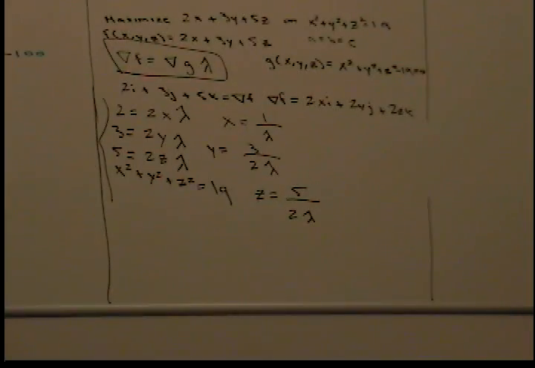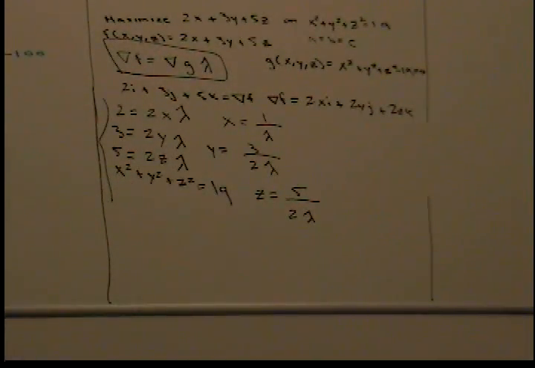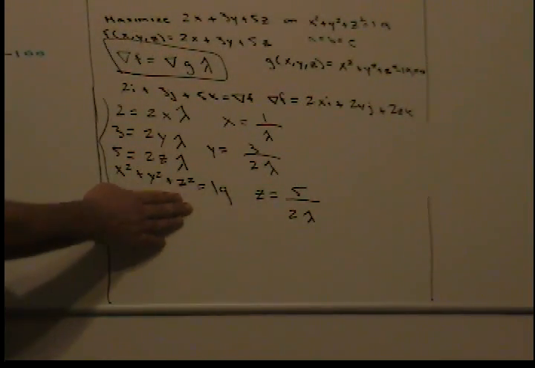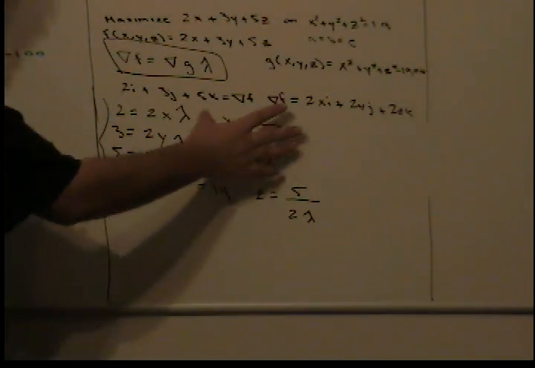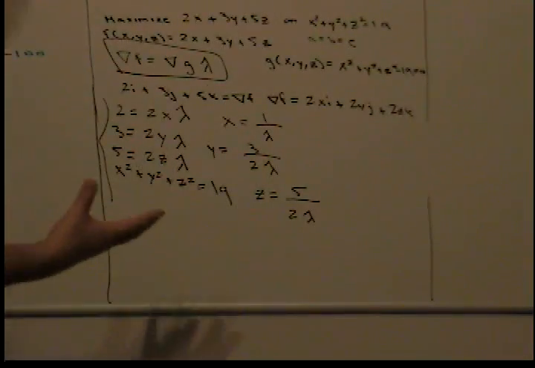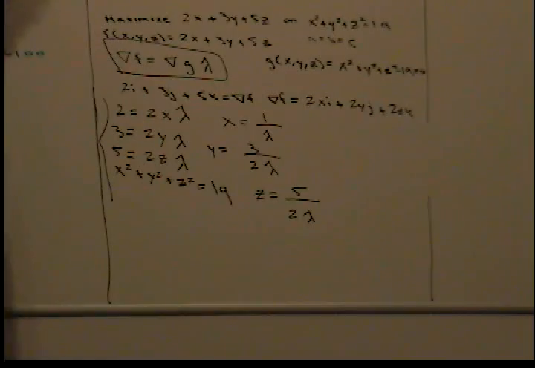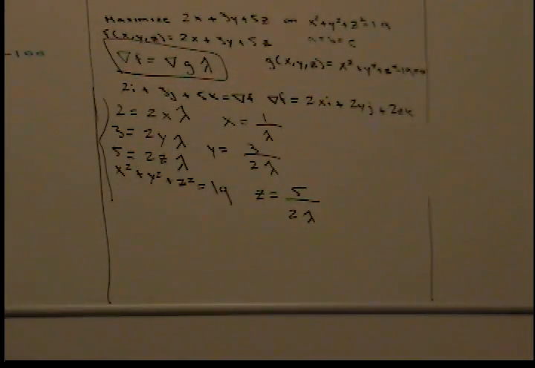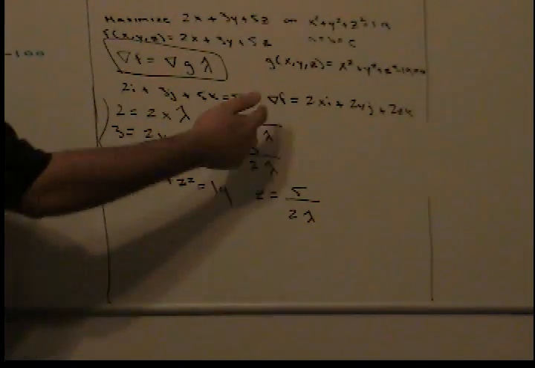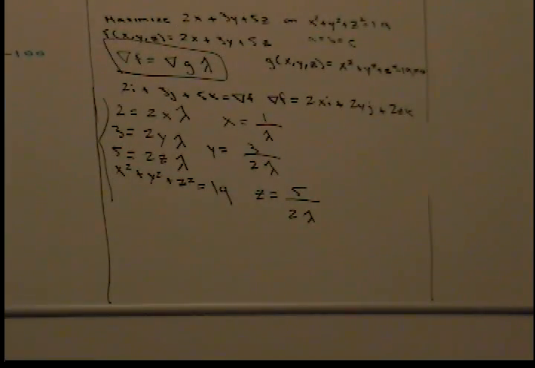So we solved for x, y, and z, but you might be asking, now what? Well, if you look at the final constraint, we have x squared plus y squared plus z squared equals 19. The only thing preventing us from figuring out the actual values for x, y, and z is lambda. So if we plug x, y, and z into here, we can find lambda. Then finally we can plug lambda back into x, y, and z and figure out their actual values. So that's exactly what we're going to do.